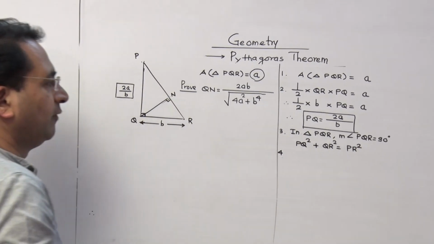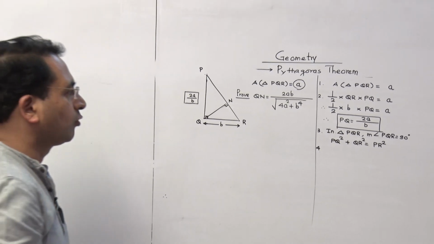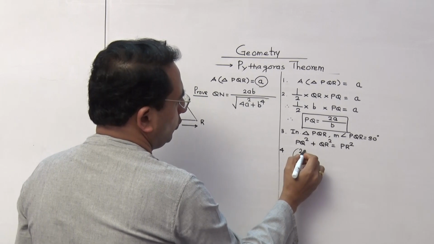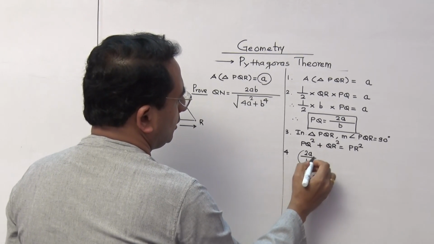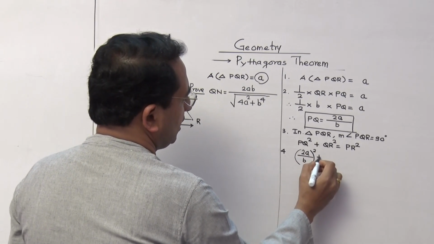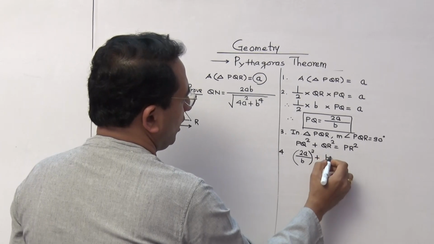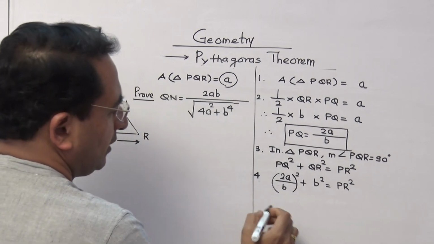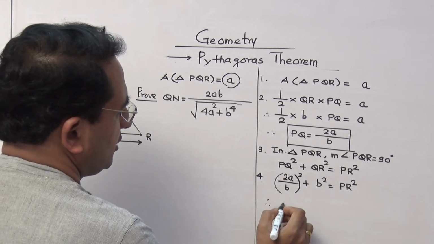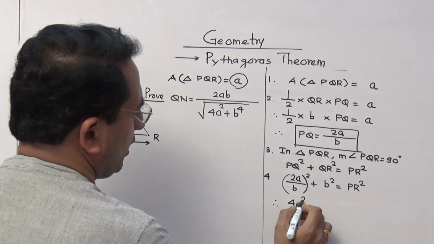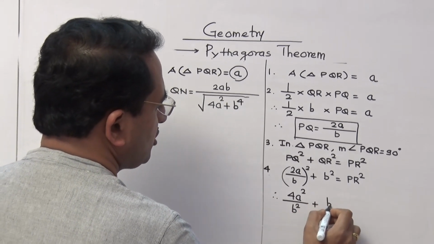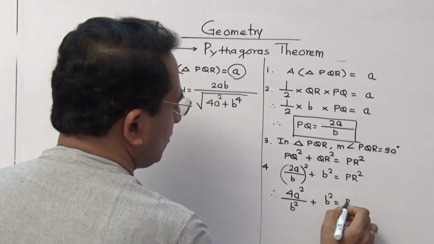Now you substitute the values. PQ square, that means we write down this statement here, (2A upon B) whole square, plus QR square, means B square, is equal to PR square. Same calculation, the answer of this will be 4A square upon B square plus B square is equal to PR square.